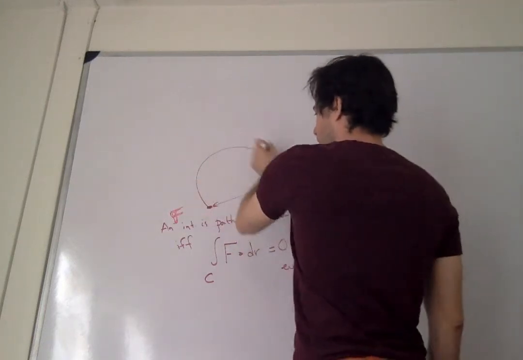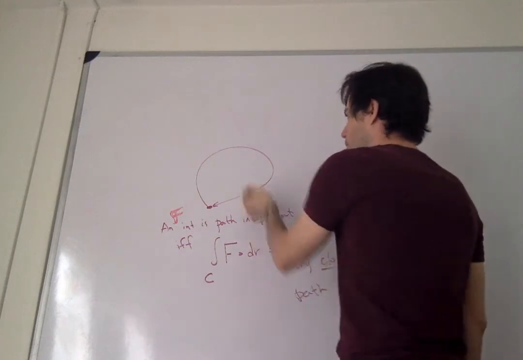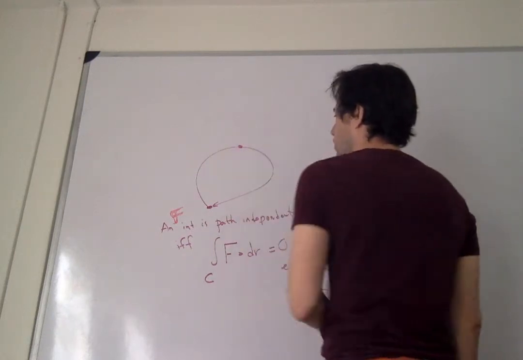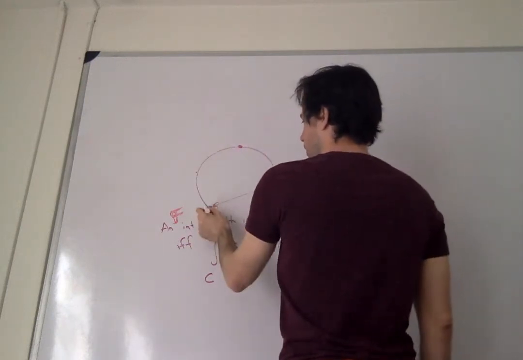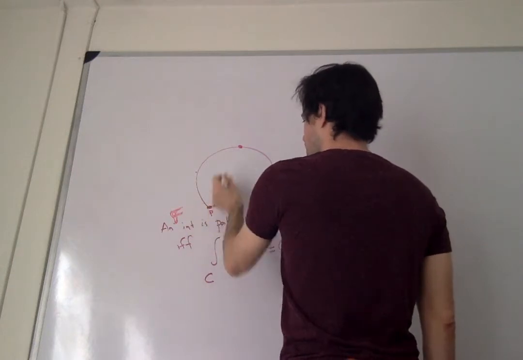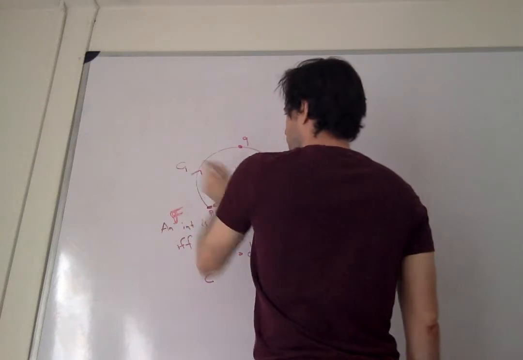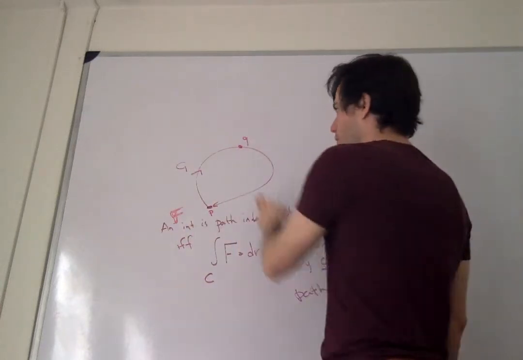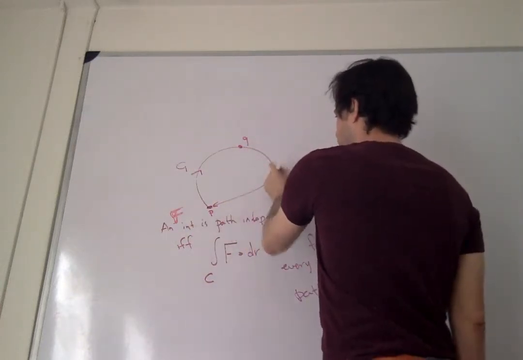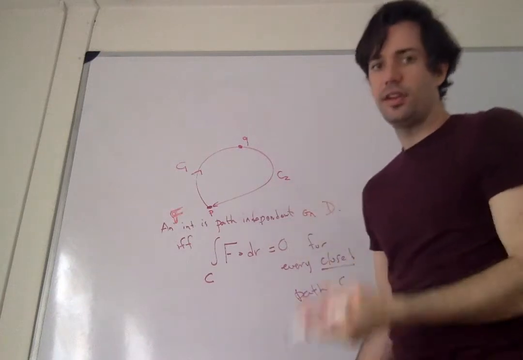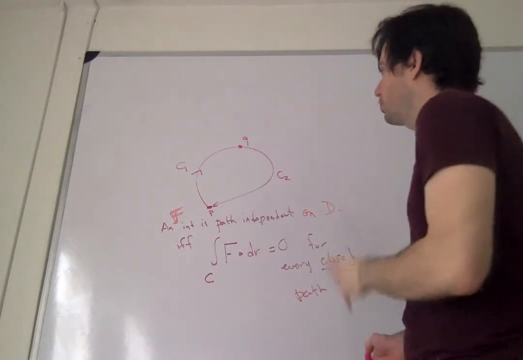Let's take a closed loop and let's add a single point, and we'll say this is P and this is Q. So I'm going to go this way and this is C1, and when I go this way, we'll say this is C2. Okay, so far so good.